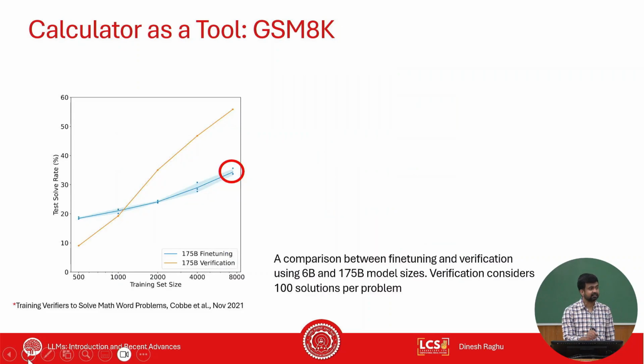But even with that calculator annotations, when you use 8,000 training examples on the 175 billion GPT model, it was just able to achieve slightly above 30. Again, this was shocking for people. With this much spoon feeding, still the model is not able to pick up.